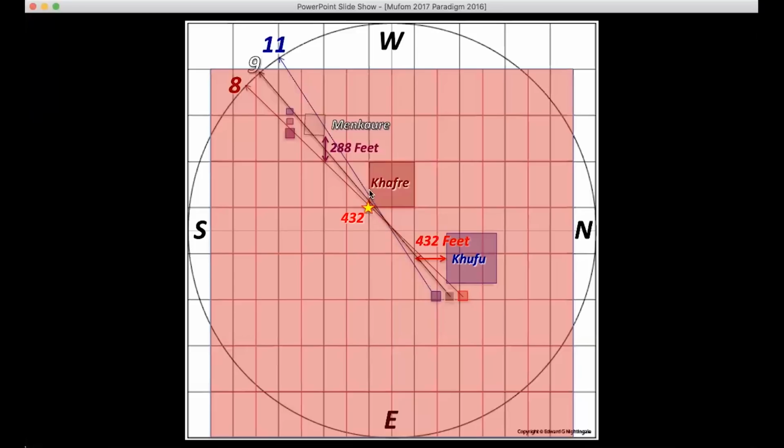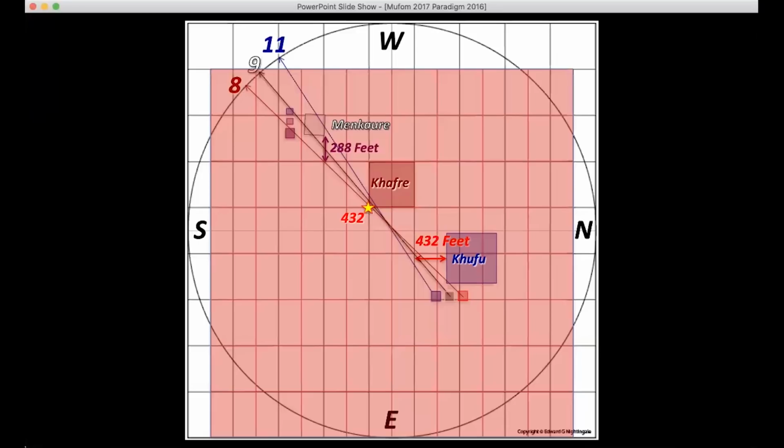And the next pyramid north of that one, of the 3, would point to the angle which divides the circle by 9. And then the northernmost pyramid, the third of the 3 small satellite pyramids, divides the circle by 8.